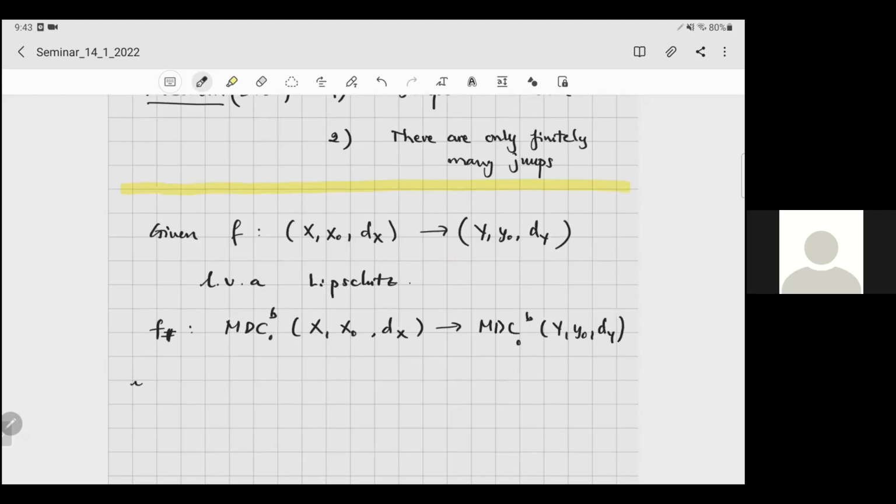And this gives us a homomorphism between the two homologies.